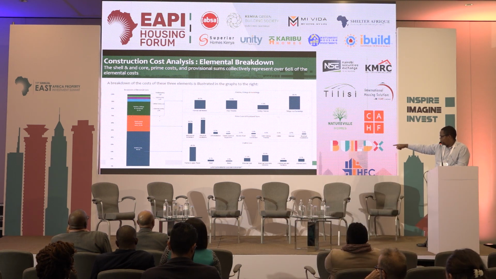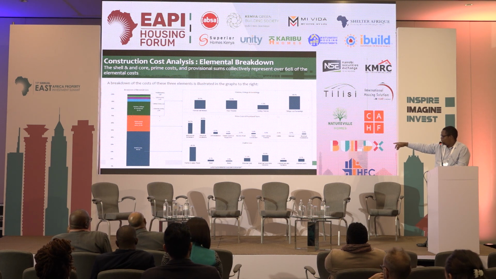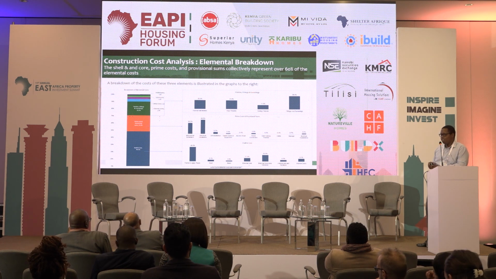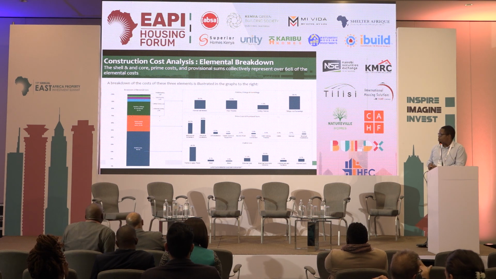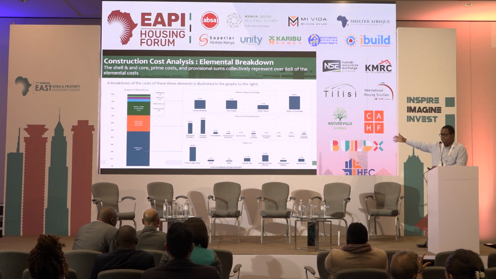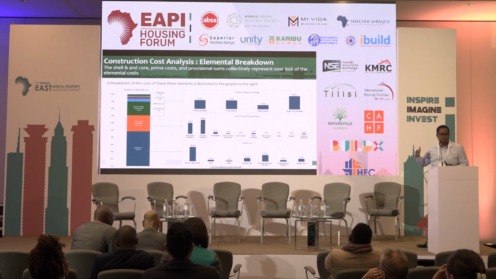What was interesting, at least for me, was the cost of windows and doors takes about 20% of the shell and core, which I found to be quite interesting. So this is still windows and doors that we traditionally use in our construction. Again, it could be useful for you to compare this with your own project, but for us, we just want to show the potential of what we can build out if we're able to amalgamate a number of projects and analyze those particular costs.